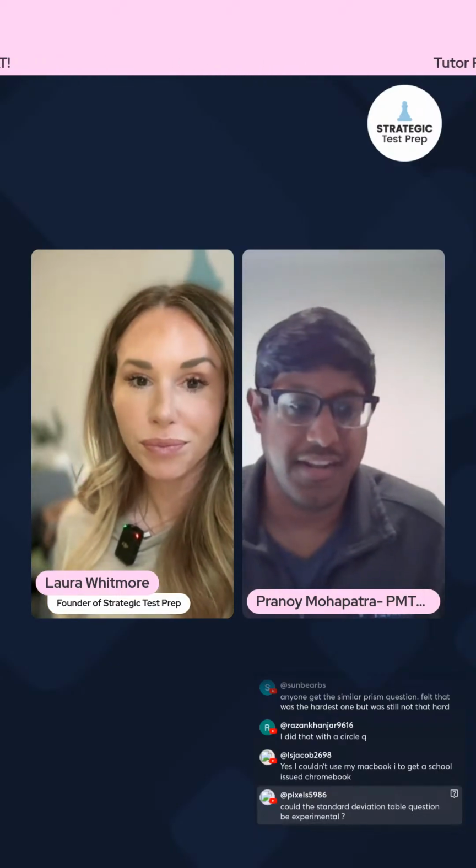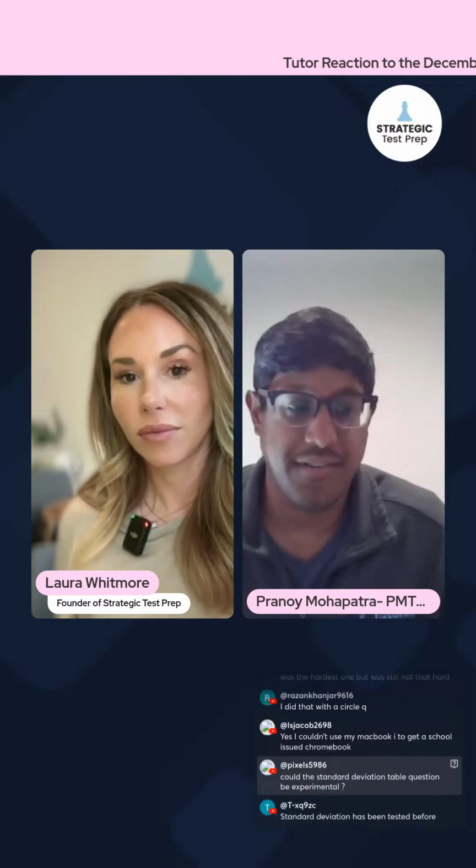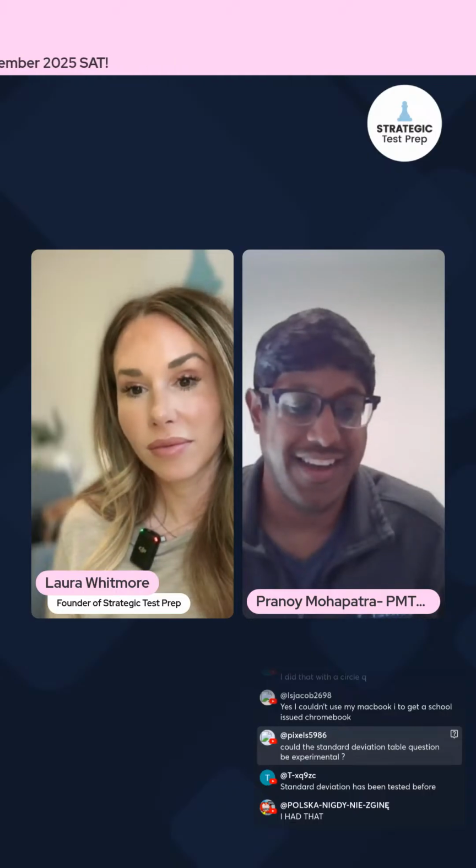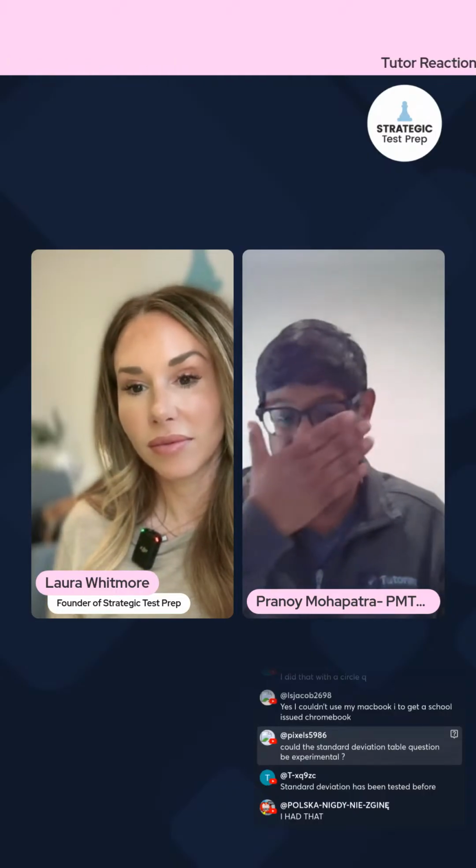I thought it was medium. There were definitely questions that had tricky words, but nothing crazy. I was talking to another tutor who actually tested in the same center as me. And I really do hate that they've moved back to including occasionally words that no one uses. No one knows what this word means.